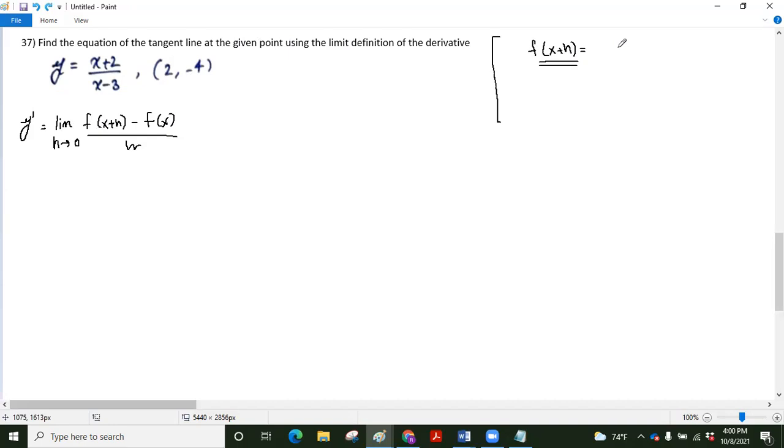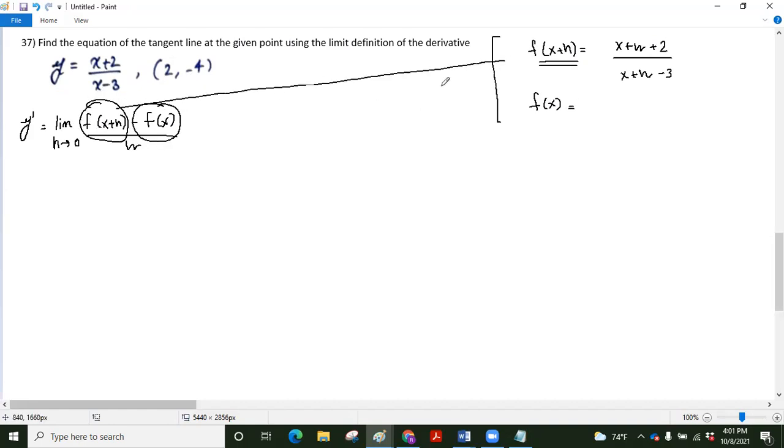So that would be x plus h plus 2 over x plus h minus 3. And then we already know what f of x is. We're trying to find both of these components. So this is this component, this is this component. And f of x is x plus 2 over x minus 3.